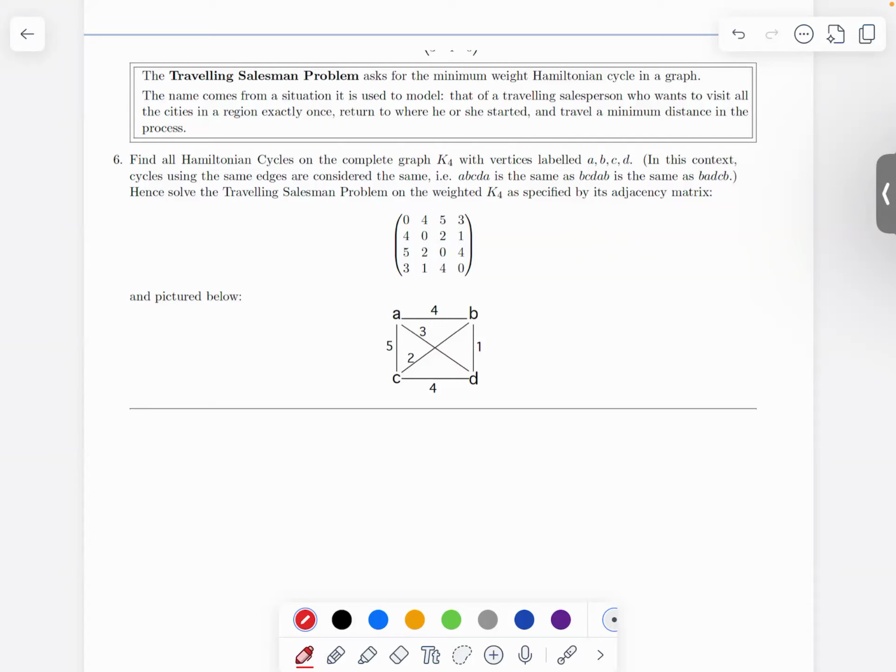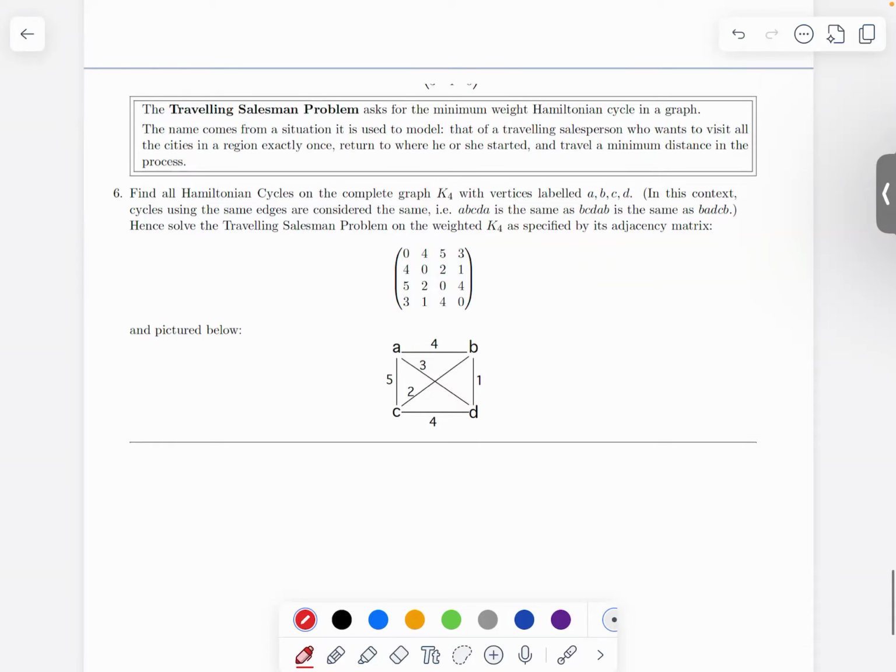It's called the Chinese postman problem, but here it is written traveling salesman problem. It's the same. You can look that up.